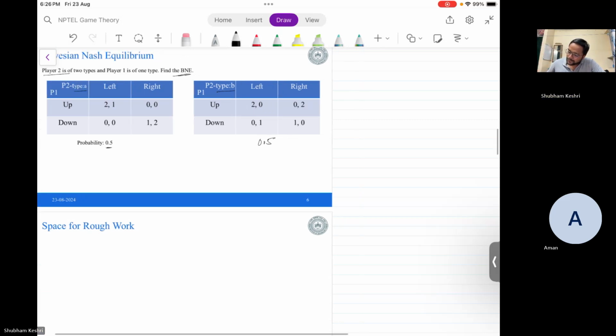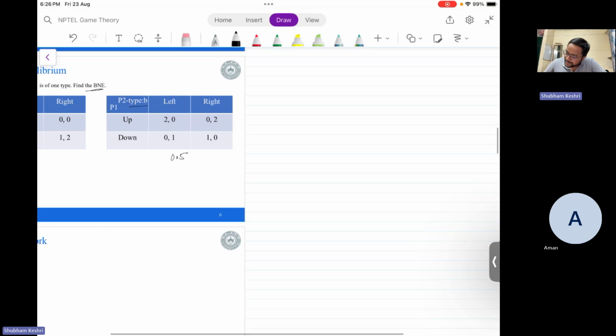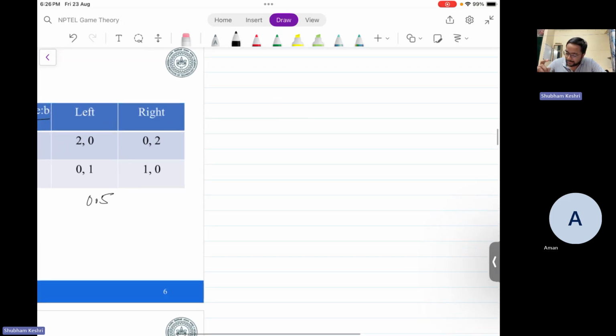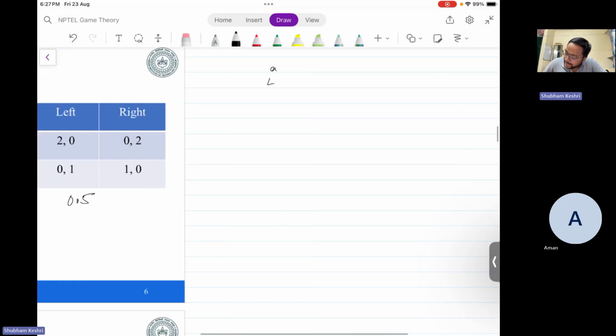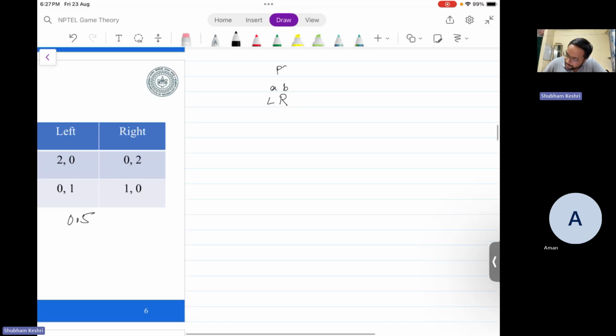All right. So how will we write this? You see, when I'm not sure what the type of the other player is, we will consider any combination of the two players. So I'll say player 2A is L. I'm representing left as L and right as R. So I'll say player 2A is L and player 2B is R. All right. So this is player 2.